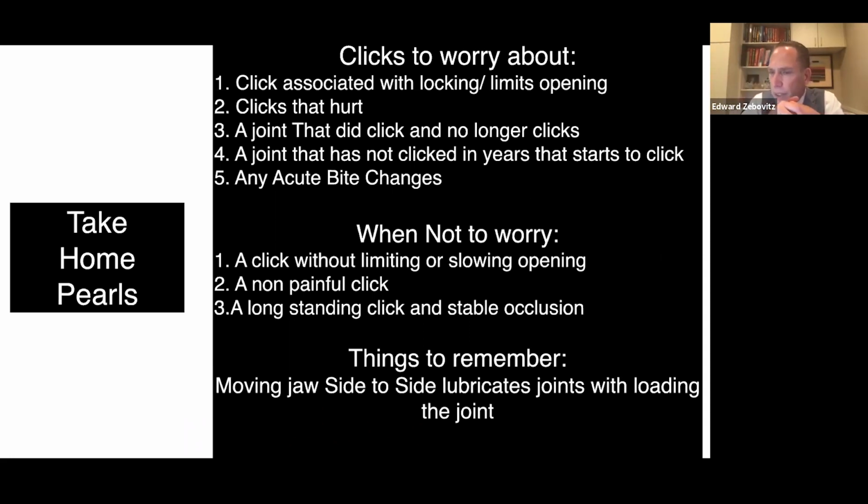A non-painful click, I'm going to say non-painful in the absence of any restriction of movement. Let it roll, and as long as the occlusion looks good, I think you're good. And then long-standing clicks and a stable occlusion. Again, if anything bad is going to happen, we're going to see reduction in speed and range of motion. We're also going to see a bite change.